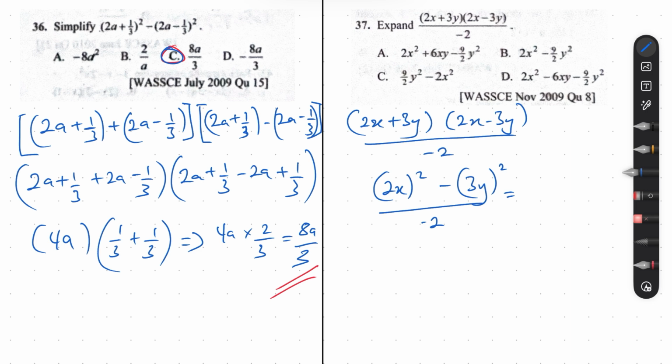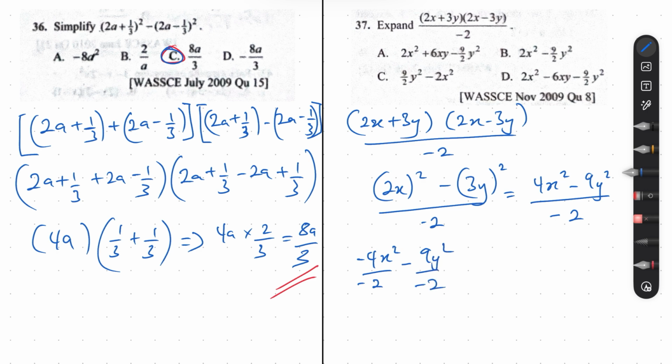Here we are going to have 4x squared minus 9y squared all over negative 2. Now can we simplify further? This expression can be rewritten as 4x squared over negative 2 minus 9y squared over negative 2.